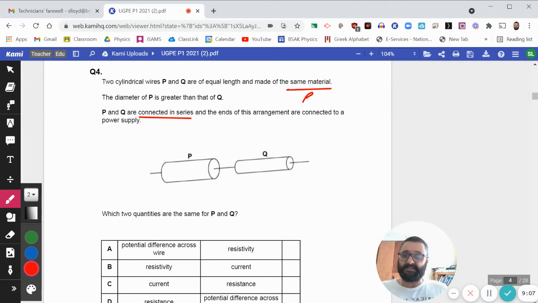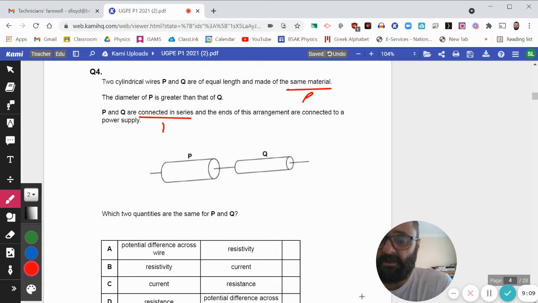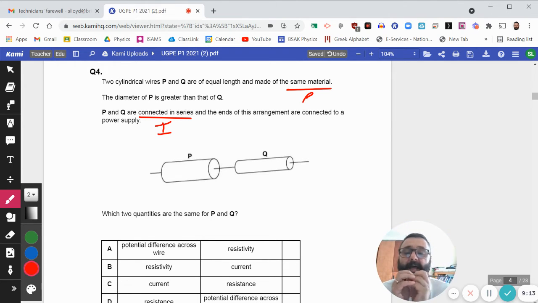Now, if it's connected in series, the current is the same. Now, this always catches people out, but try and get into the habit. This goes back to what I said before, of looking at a question and recognizing, right, if you've got two things in series with each other in a circuit, a light bulb should go on in your head, immediately saying same current. Okay, if anything's in series, the current through each is always the same.